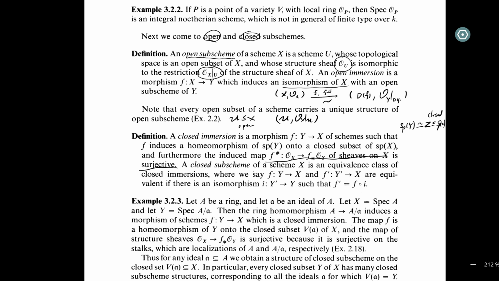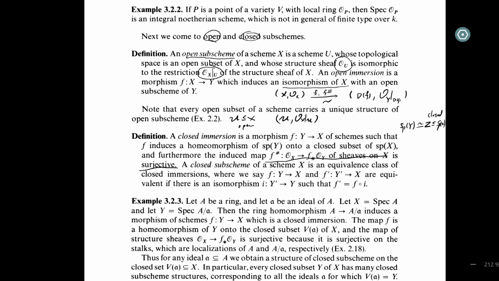A morphism of sheaves is surjective if and only if its stalk is surjective for every point. It's not the same as saying the morphism between the sections on each open set is surjective.